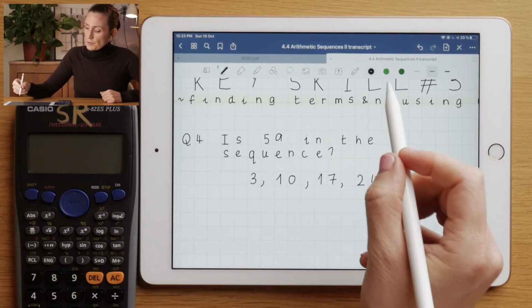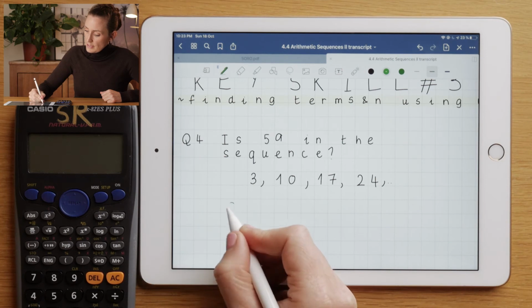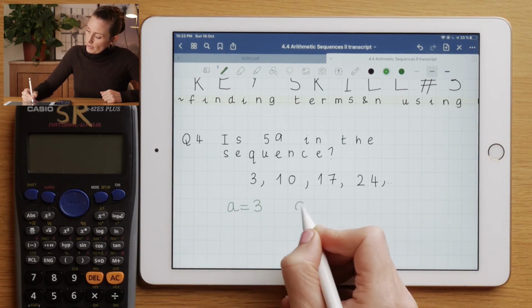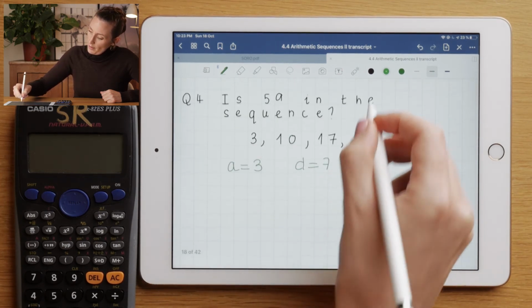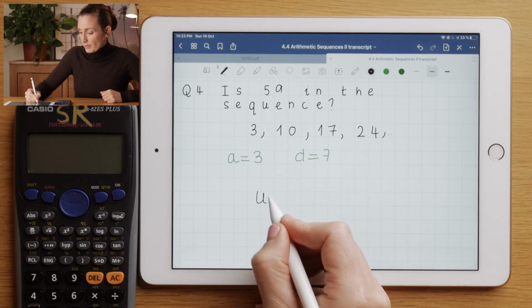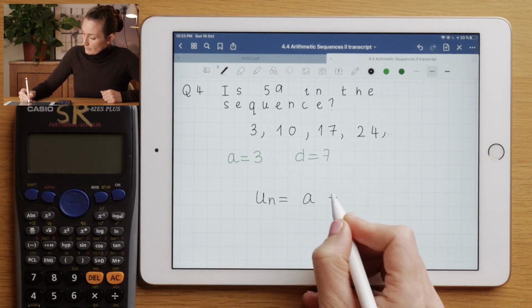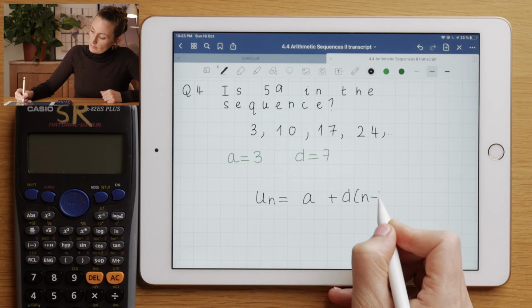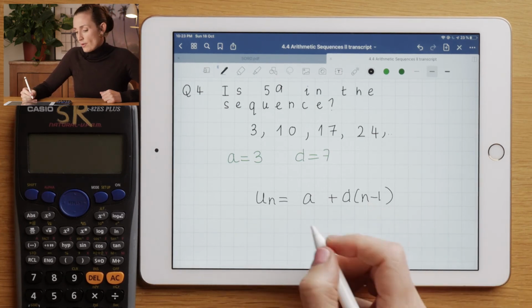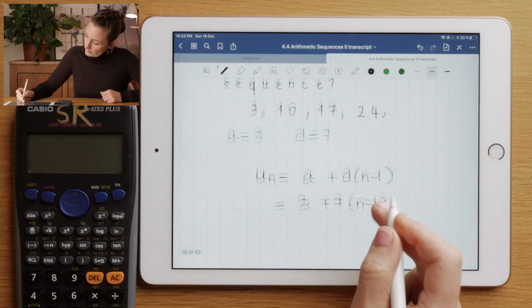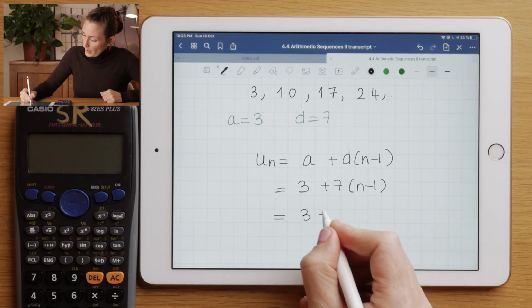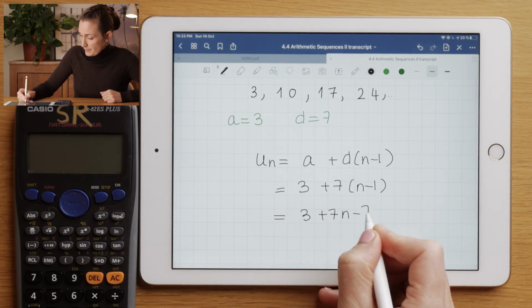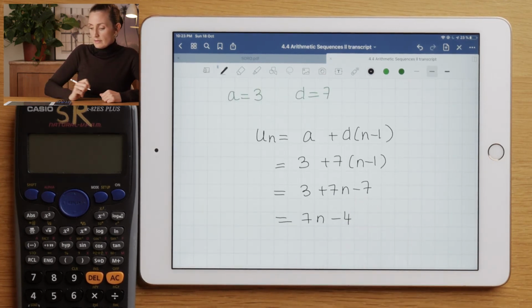So what we're going to do in the situation here is write down A, write down D, plug them into the Un formula to calculate the nth term for this sequence. We're going to simplify this expression, and now we have a formula for the nth term.